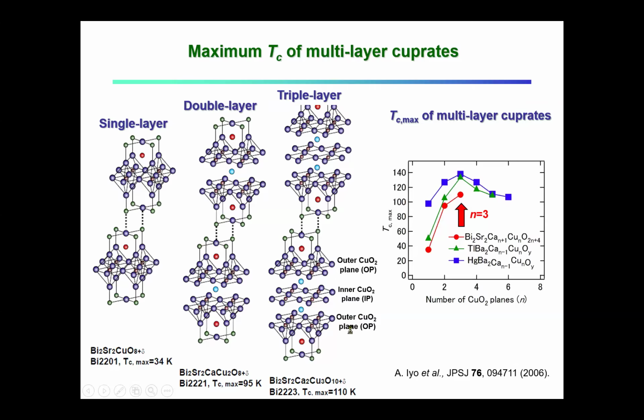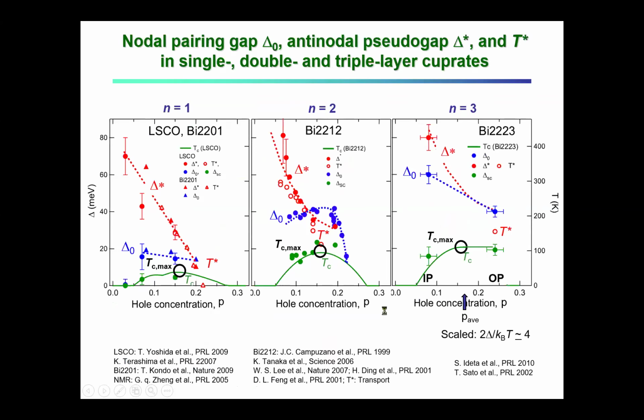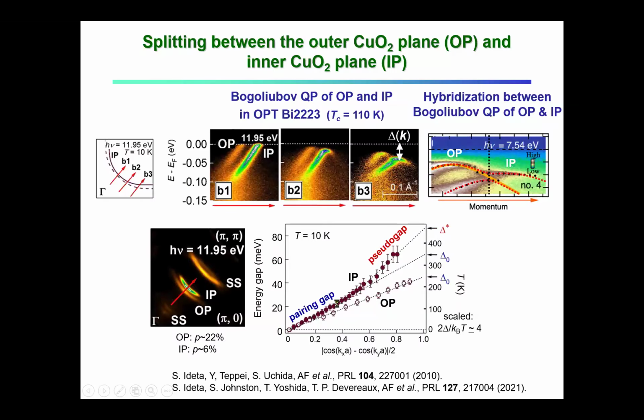After hybridization, it is not trivial. But before we observe the triple layer splitting, the inner layer and outer layer are different, under the assumption that the outer layer is more overdoped, more doped than the inner plane.